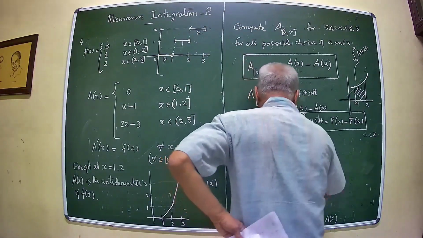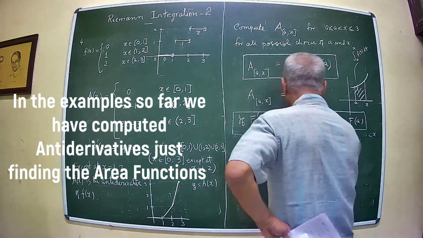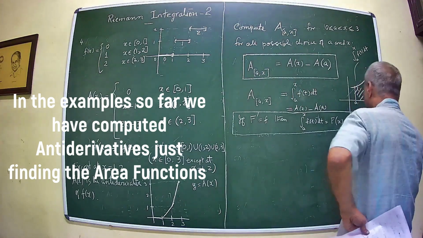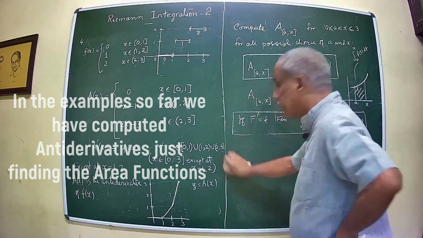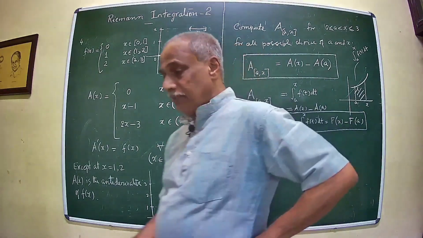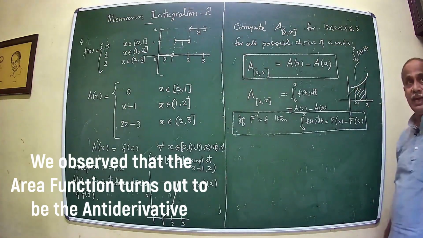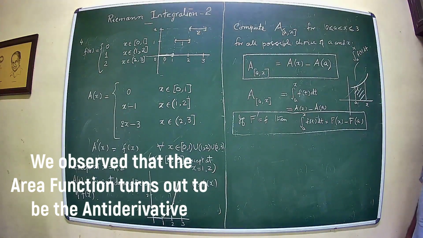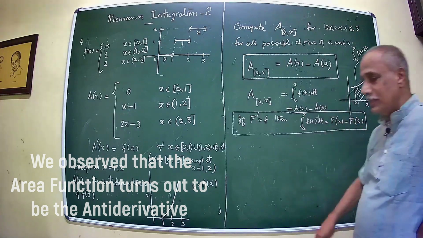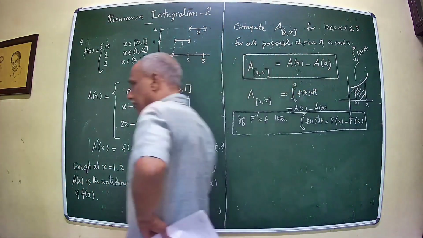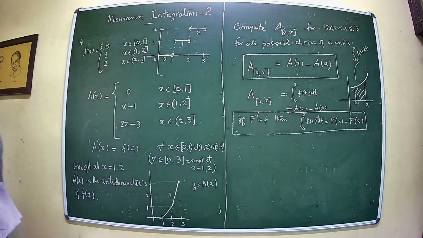So in all these, we have computed the antiderivative without using any integration. And we observe that it is the so-called area function which turns out to be the antiderivative. And you know that this area function is essentially what we designate with the integral.